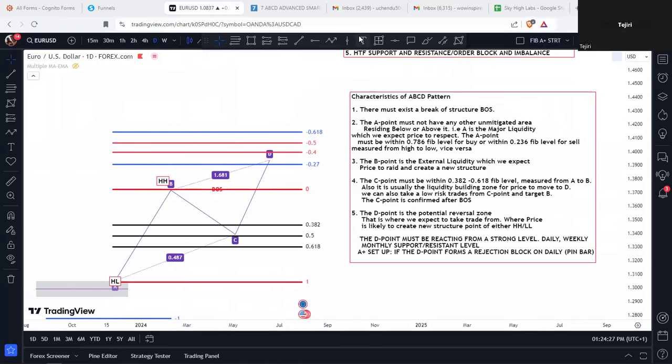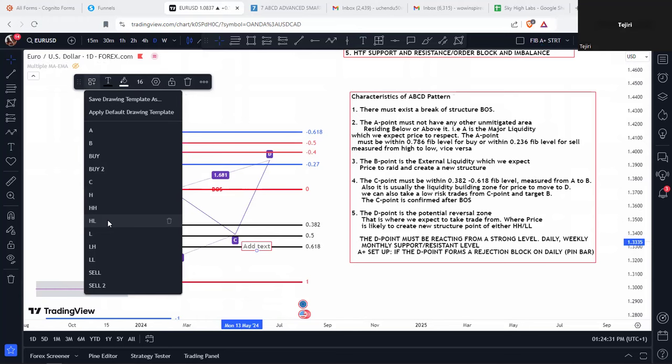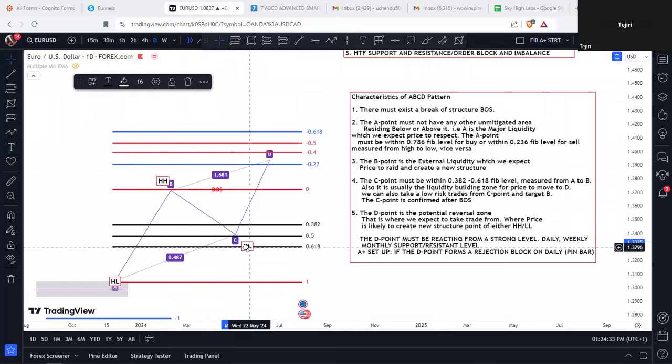Then we'll have a higher low. Then we'll have a higher high. That's why I said the D point is where price is likely to create a new structure point of either a higher high or a higher low. So that is all about that.